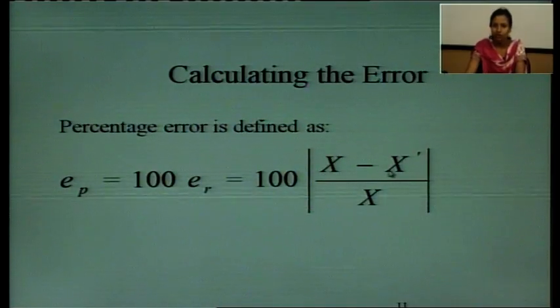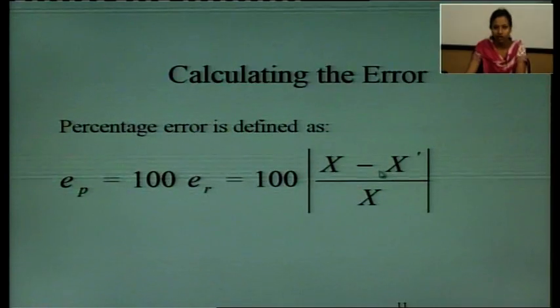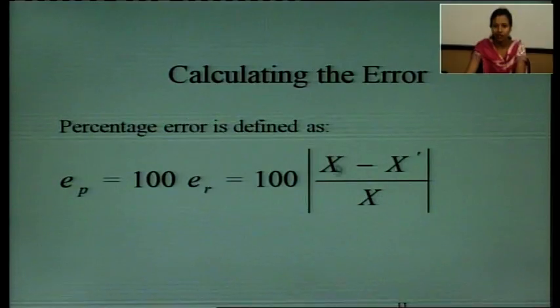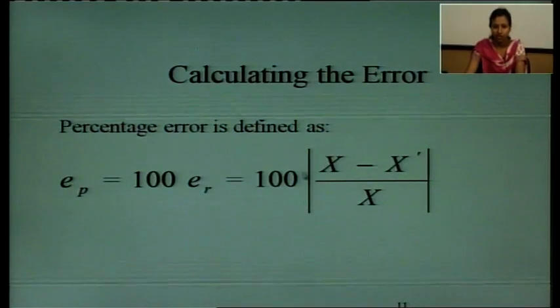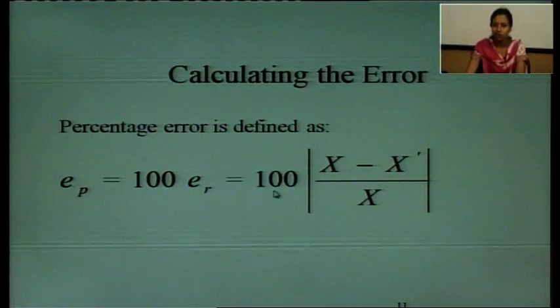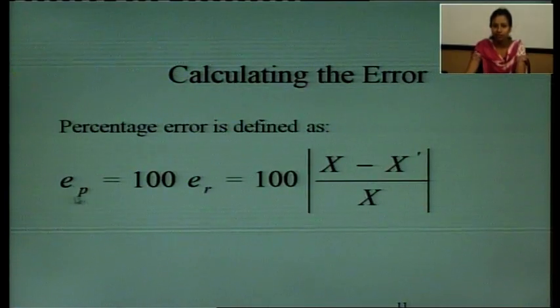The difference of these two gives the absolute error. Absolute error divided by true value gives relative error. So this expression is a relative error. If we multiply this expression by 100, then it gives percentage error.